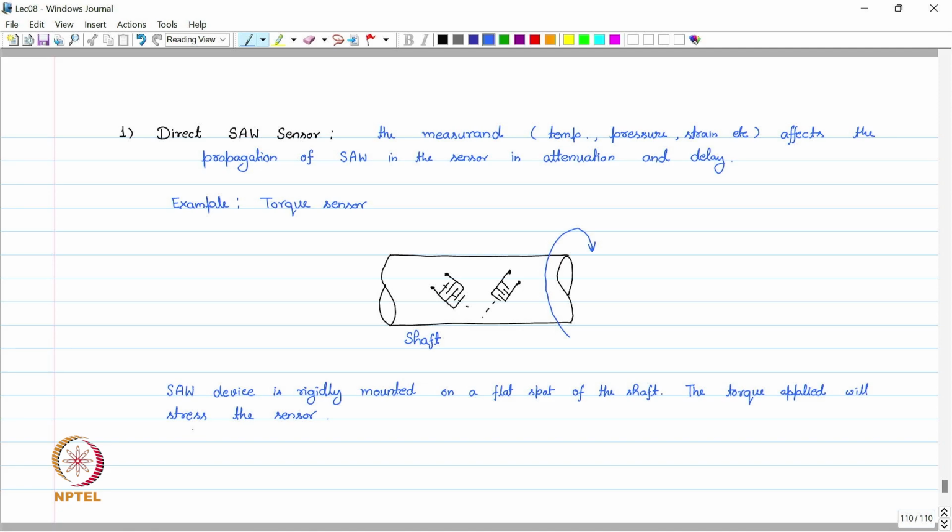If we use, let's say, both the sensors, we use two sensors for practical applications.